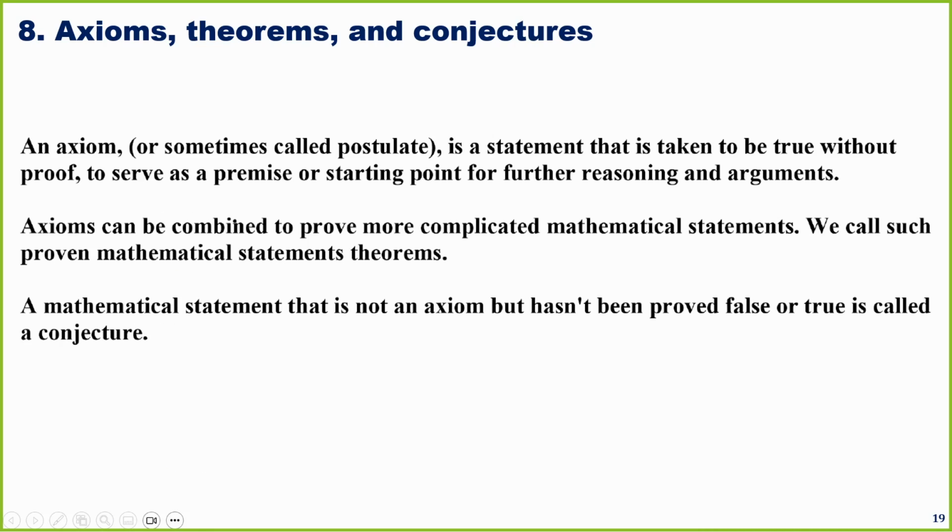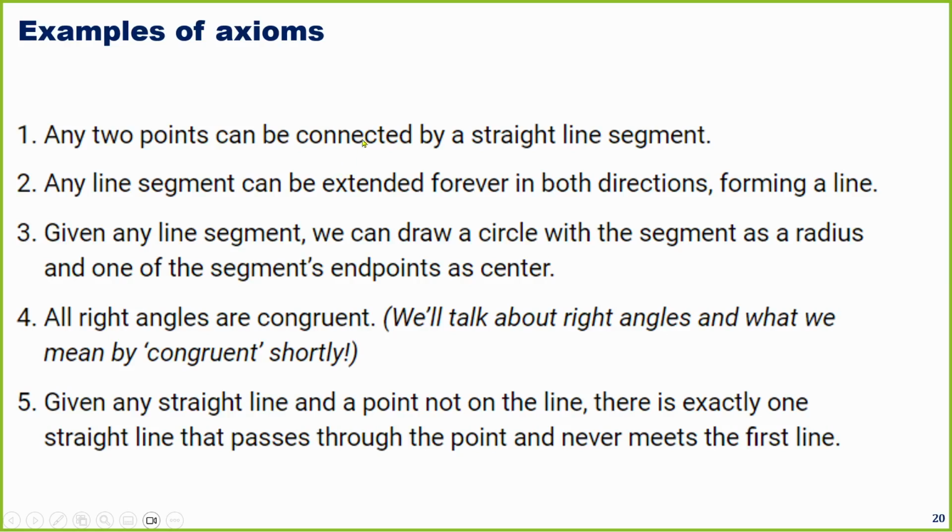So let's have a look at some examples. So examples of axioms are as follows. These are the very basic statements made by the scientist Euclid, which are the starting point for us to prove any further theorems in geometry. For example, any 2 points can be connected by a straight line segment.